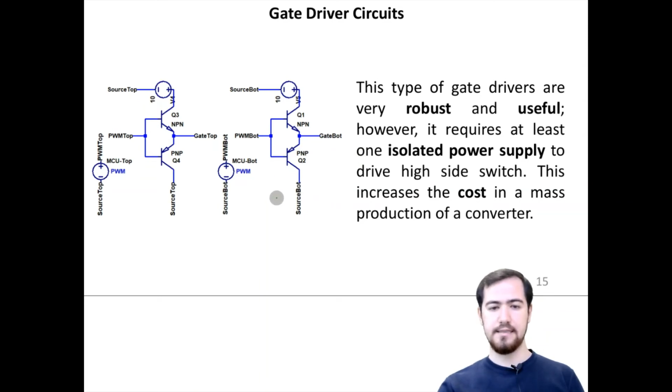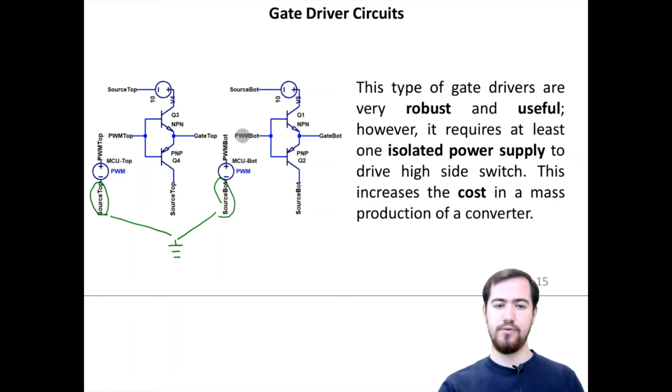Since we modeled the microcontroller with the PWM voltage source, they have different ground pins. However, this is not valid for the actual case. These grounds should be connected to a common signal ground, which means that our high side switch should be isolated or supplied with another type of power source.